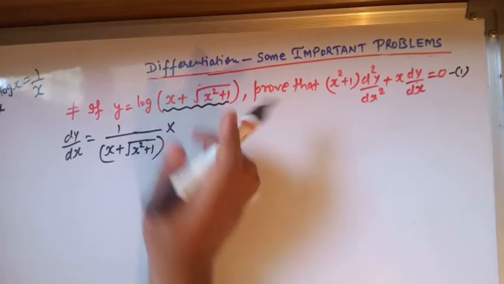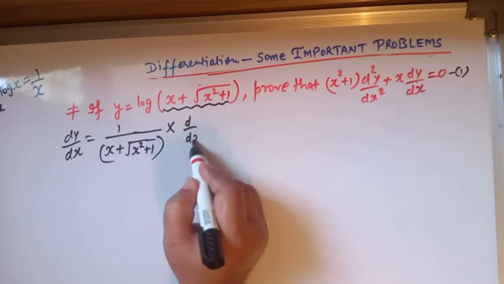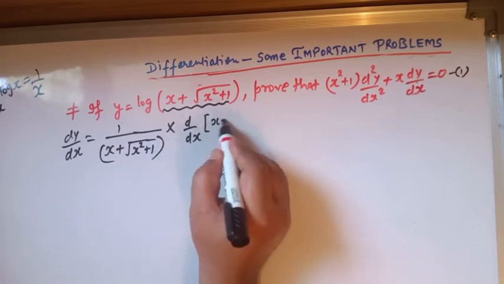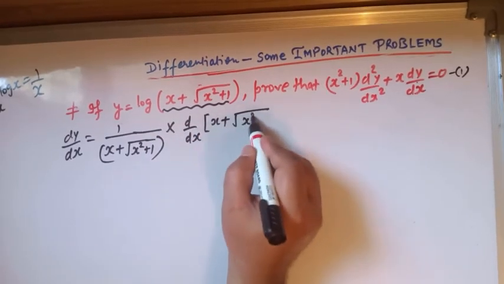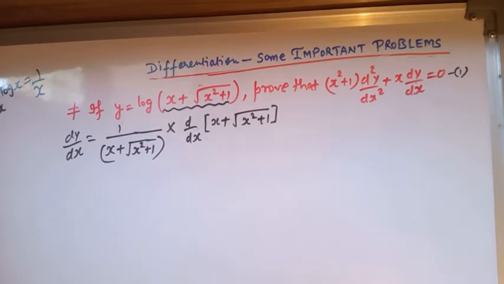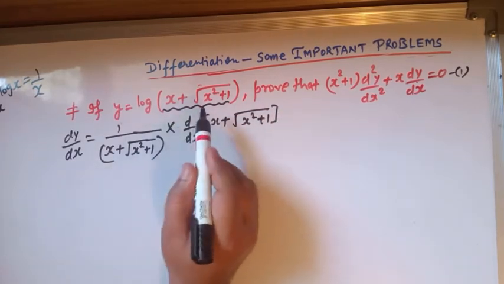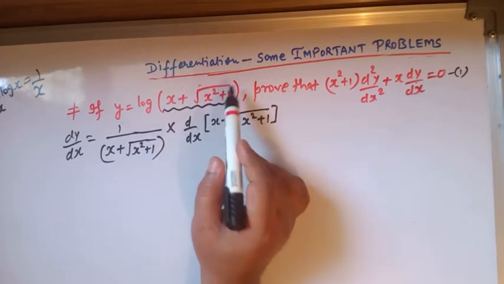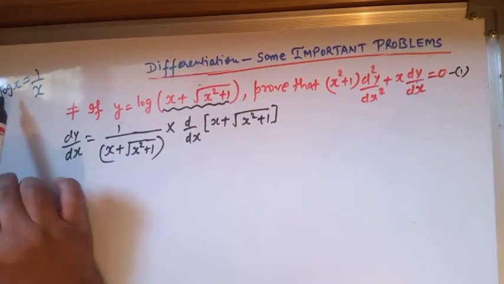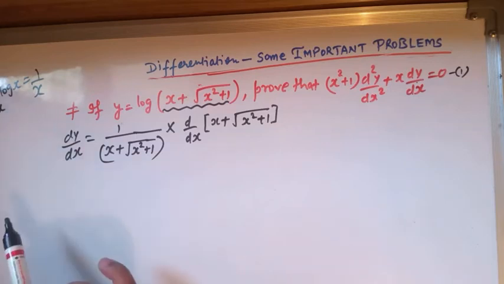Clear? We can write it like this: x plus square root of x square plus 1. Clear? So here we have used the chain rule. So first we have used the formula for the derivative of log x. The derivative of log x is 1 over x.